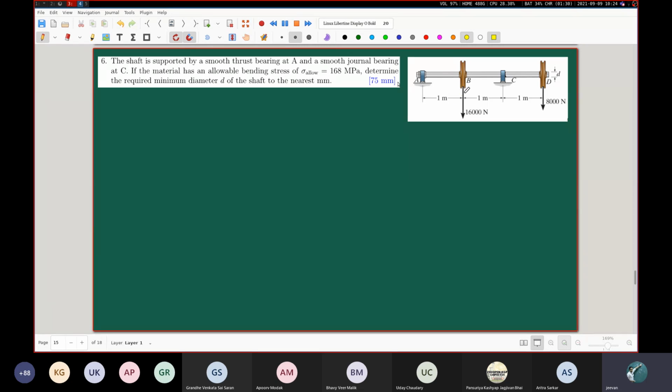For instance, this is a shaft on which some kind of a pulley is there or some kind of a gear is there, and you are exerting this 16 kilonewton force and this 8 kilonewton force not directly on the shaft, rather on this gear, which means that if you look at it from the end on view, it may be possible that the diagram looks somewhat like this.